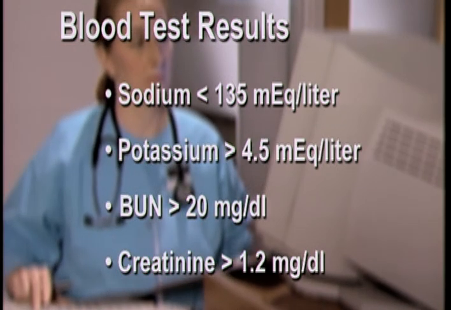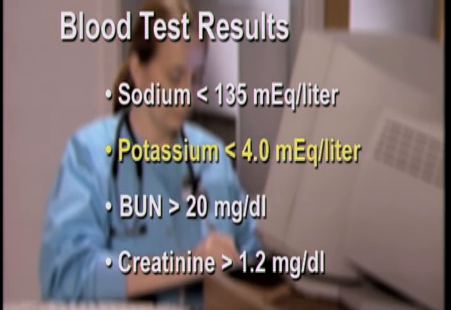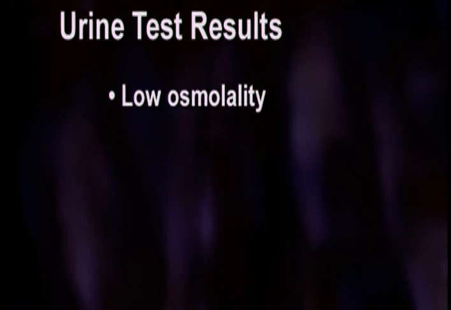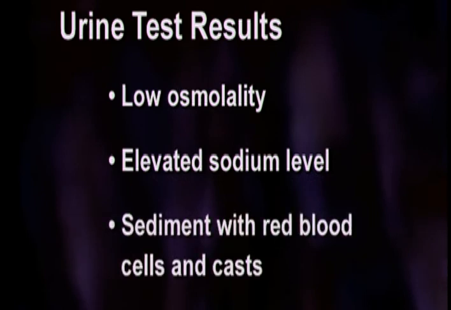In the diuretic phase, watch for the blood potassium level to fall as potassium is excreted in the urine. Expect urine tests to reveal low osmolality of dilute urine, indicating the tubule's inability to concentrate urine, an elevated sodium level reflecting sodium loss in urine, and sediment that contains red blood cells and casts, reflecting blood cell leakage through damaged glomeruli and tubules.